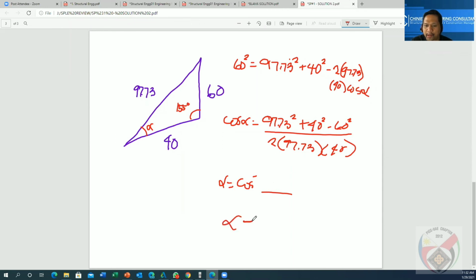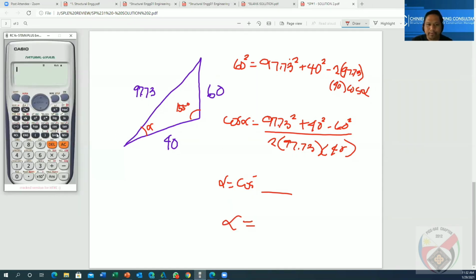So alpha equals, let's calculate. 97.73 squared plus 40 squared minus 60 squared, divided by 2 times 97.73 times 40.